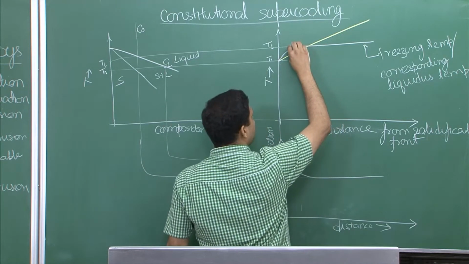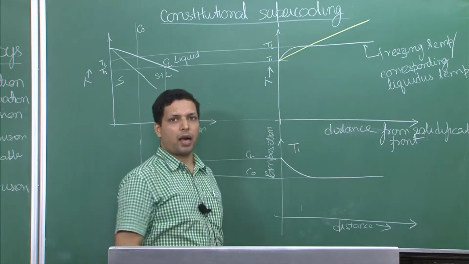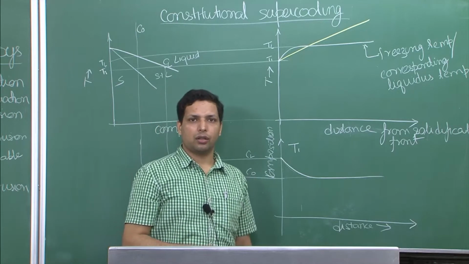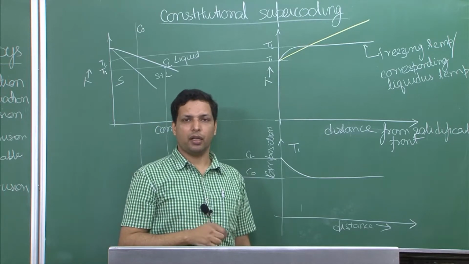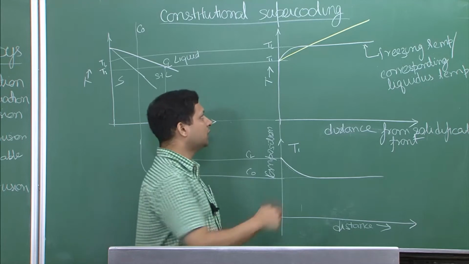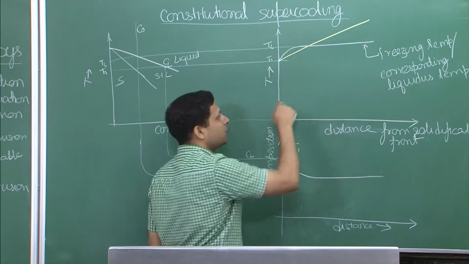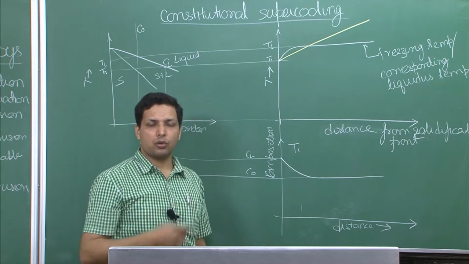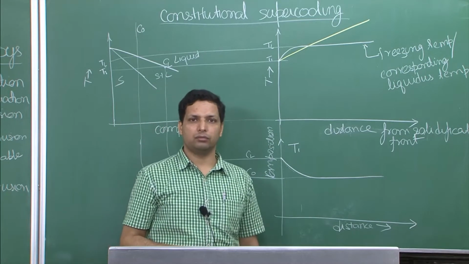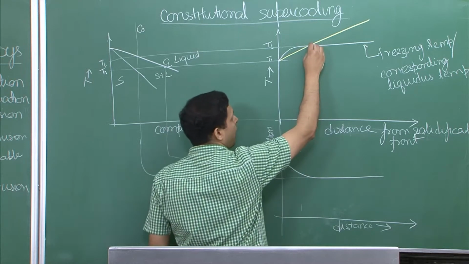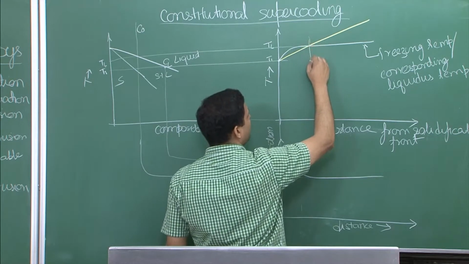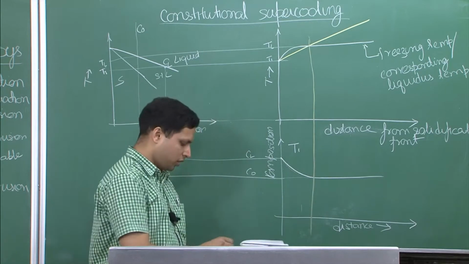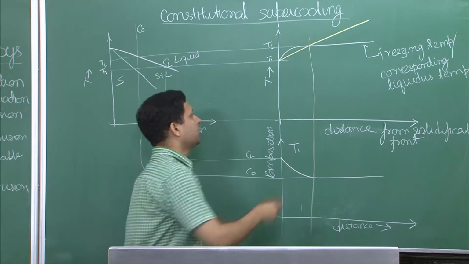Therefore, the liquidus temperature at this particular point happens to be higher than the actual temperature that is present in the liquid. Even though the thermal gradient is positive, the liquidus temperature is higher, which means that the actual temperature is lower than the freezing temperature of the material, all the way up to this point, meaning up to this point you have what is called constitutional supercooling.